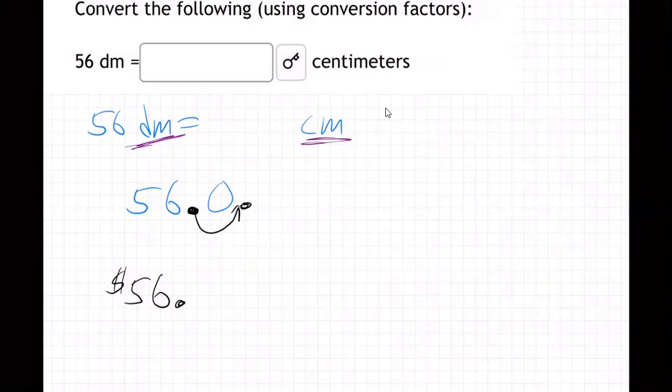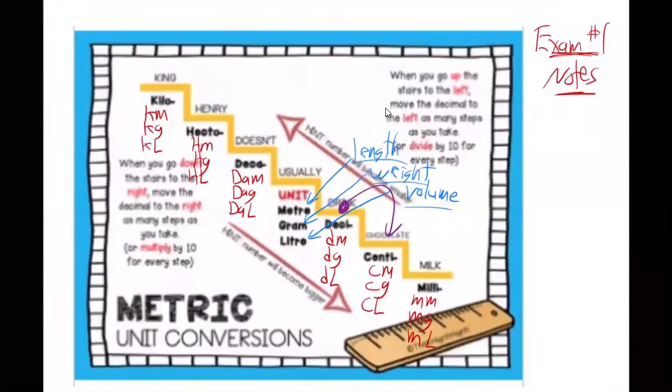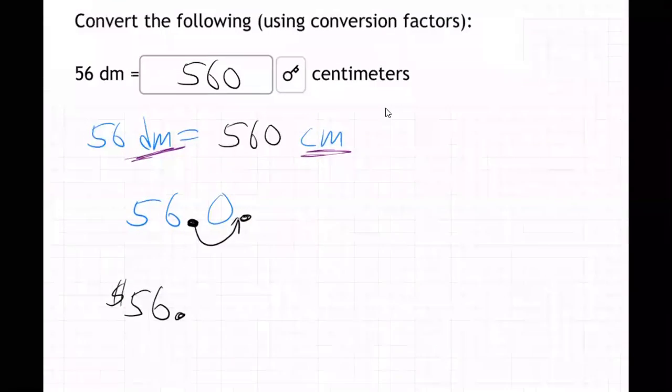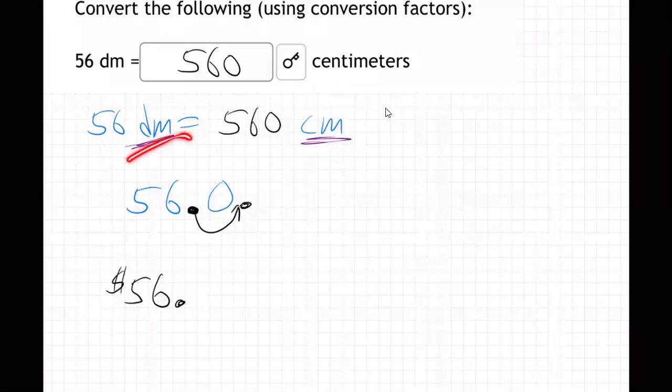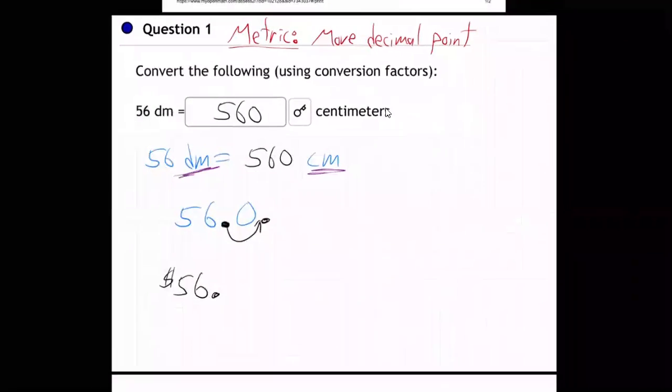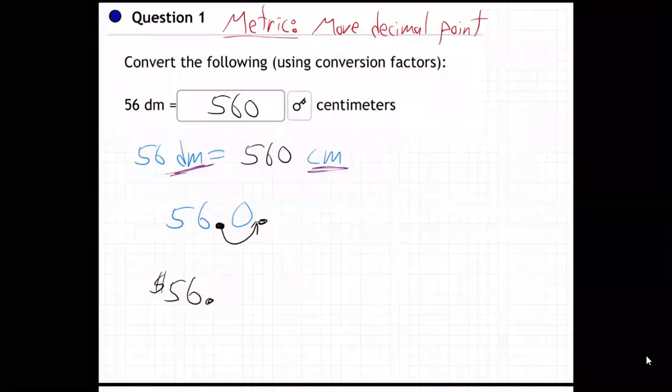So what's our answer? 560. So the answer is 560. We just grab the decimal and go one jump to the right, because on the metric chart, from dm to cm is one jump to the right. It brings in a 0. When you go beyond the edge, it brings in a 0. I think you know that. So it's 560 centimeters. There we go.